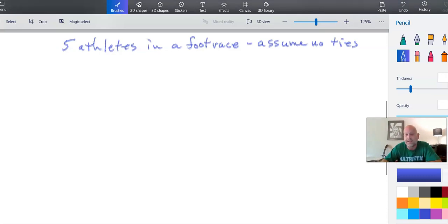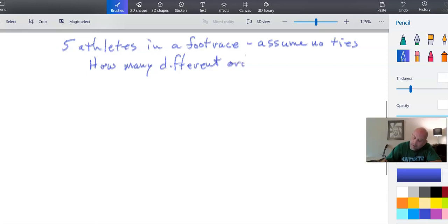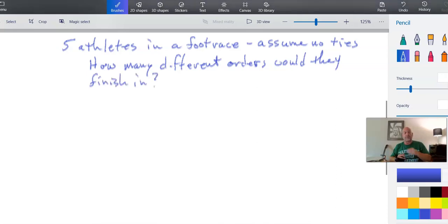What are the orders? How many different ways could they finish the race? Right. So we want to know how many different orders they can finish in.